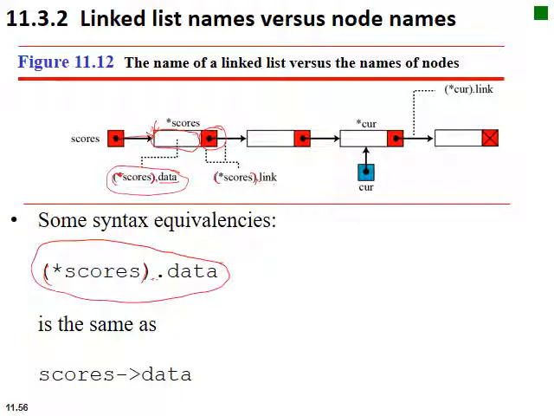But there's an alternative way. It's the same as saying scores arrow data. And this arrow is just simulated with a minus symbol and a right pointy bracket. So it can't be the other way around.